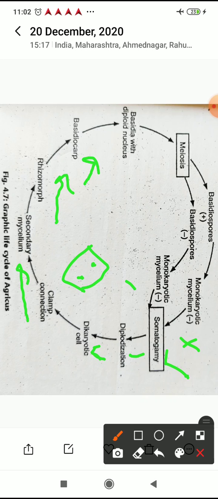This basidiocarp again bears basidia, and in such a diploid basidium meiosis takes place, which results in the formation of two positively strained basidiospores and two negatively strained basidiospores, and the cycle completes.